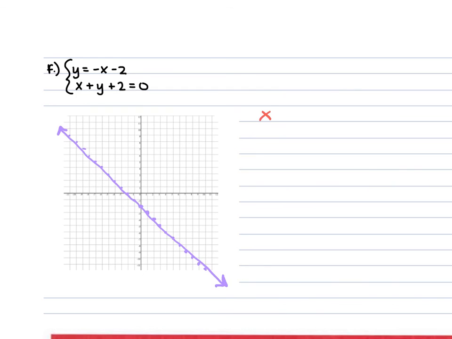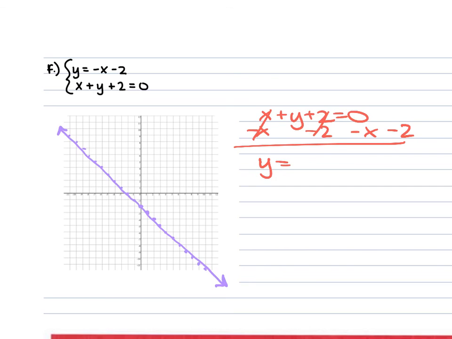For your next line, solve for y. So we're going to subtract the x, we're going to subtract the 2. So we have y is equal to negative x minus 2. So we're going to have the same slope here, same y-intercept. These ordered pairs are going to be the same as the first line, so we have infinitely many solutions.